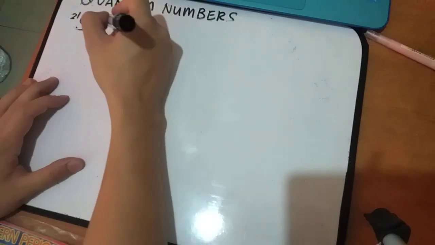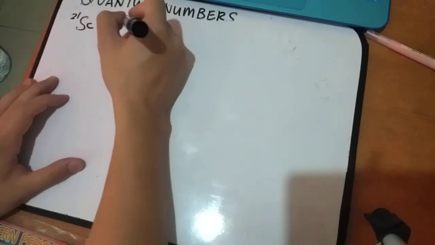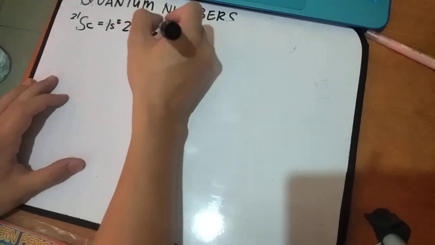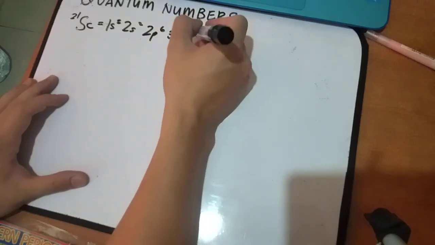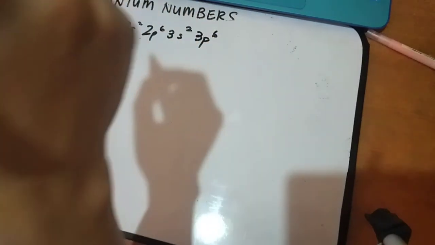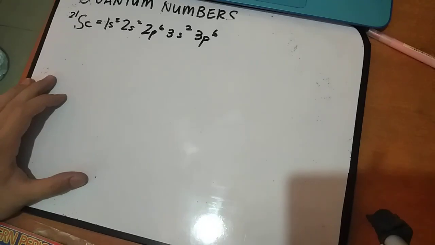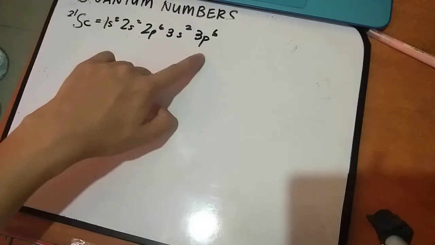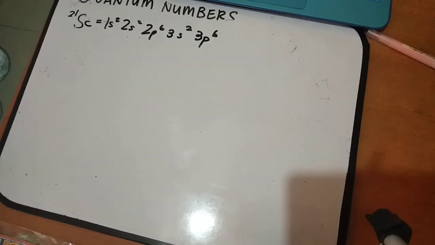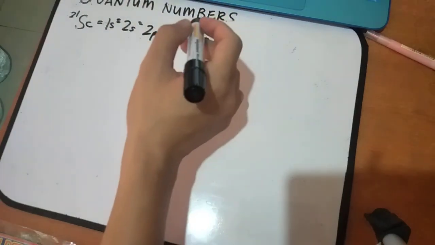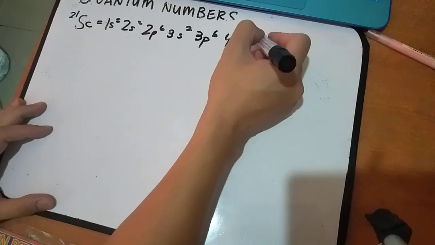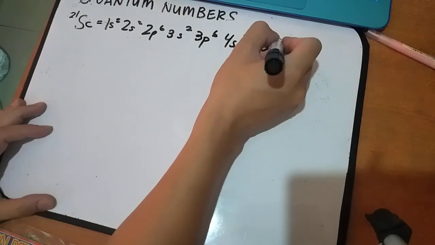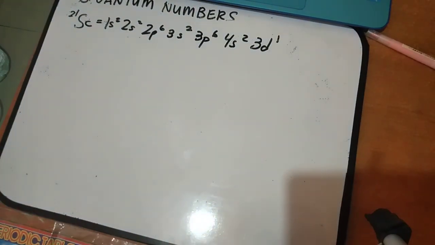So let's do the electron configuration. 1s2, 2s2, 2p6, 3s2, 3p6. So this is already 18. 4s2, 3d1.